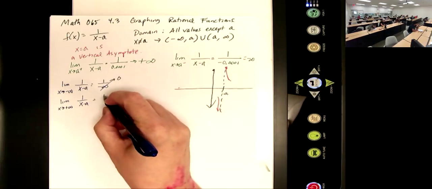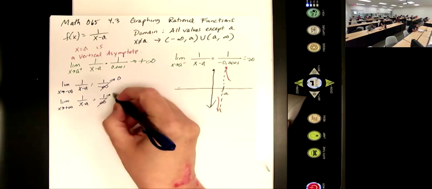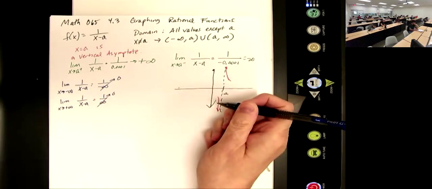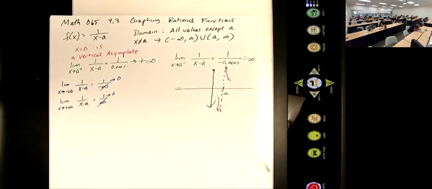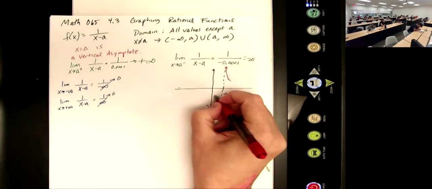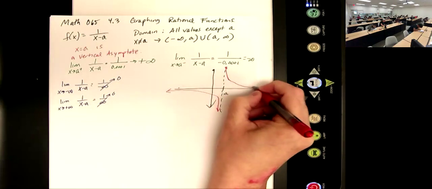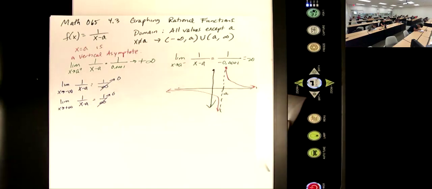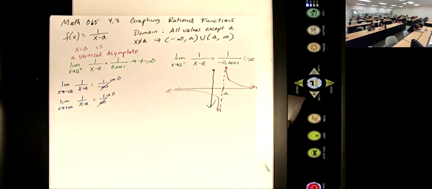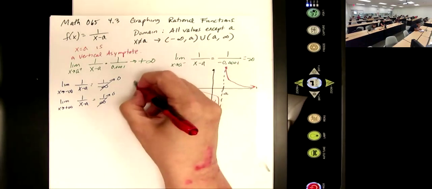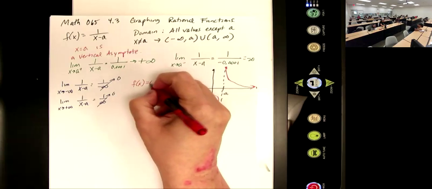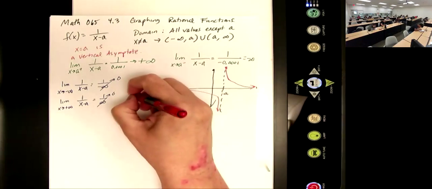And this is like 1/positive infinity, which is also going to 0. Which means the graph is doing something like this. Since this was f of x, f of x equals 0, in this case, is a horizontal asymptote.